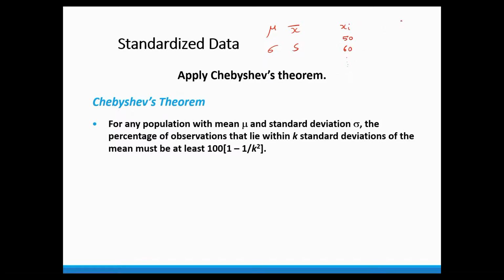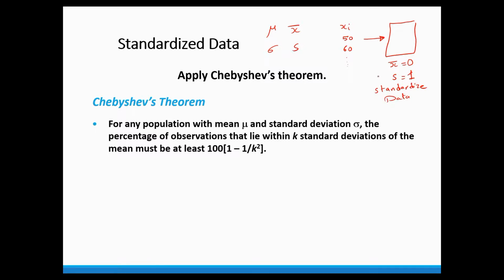If we want to obtain a data set, we transform this data set to a new data set where the mean equals 0 and the standard deviation equals 1. In this case, we call this process standardizing our data.